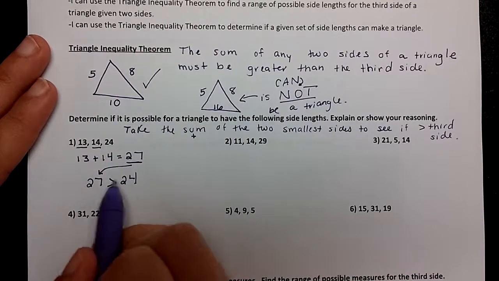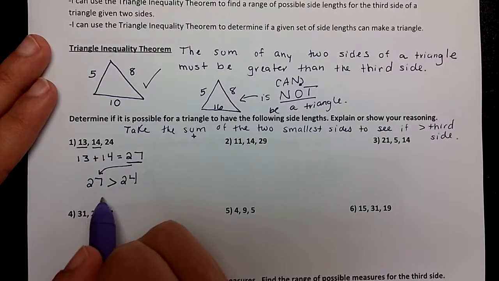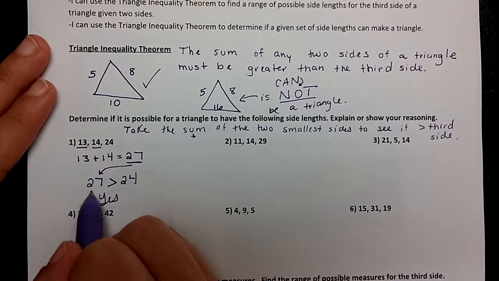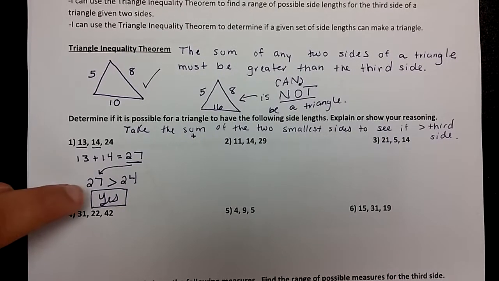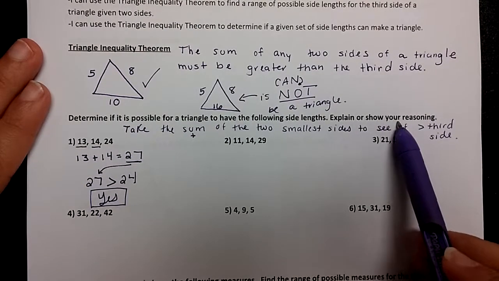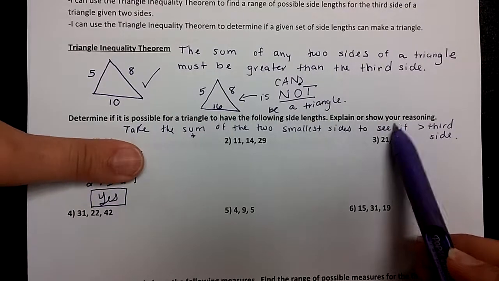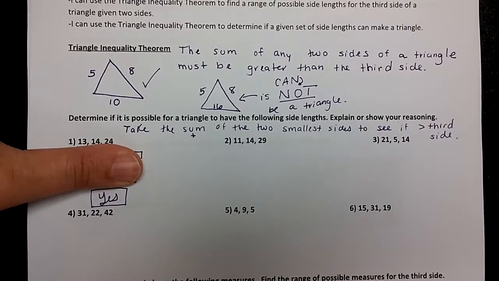And the answer is yes, 27 is greater than 24, so yes, this is possible to be a triangle. If you show me this work, that accounts for showing your reasoning. If you didn't show any work and just wrote yes, then that does not count for showing your reasoning.